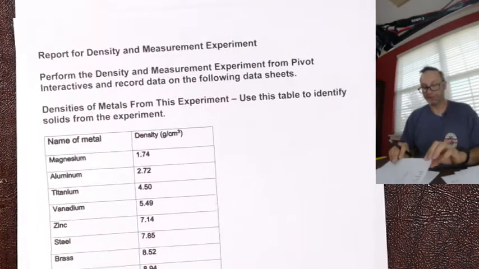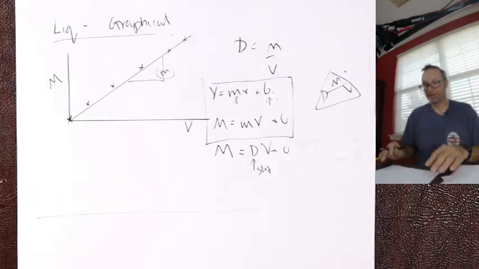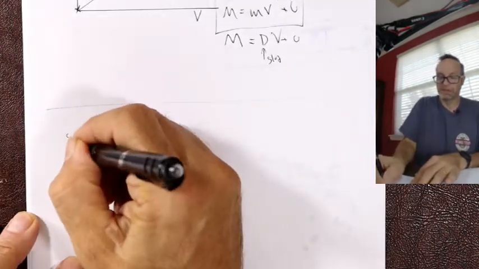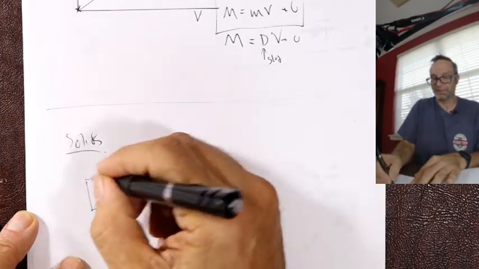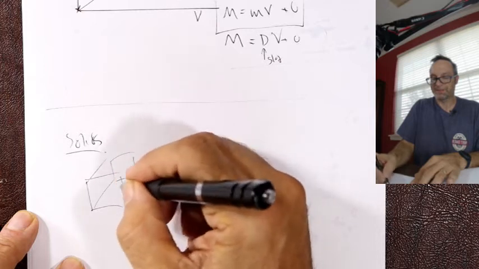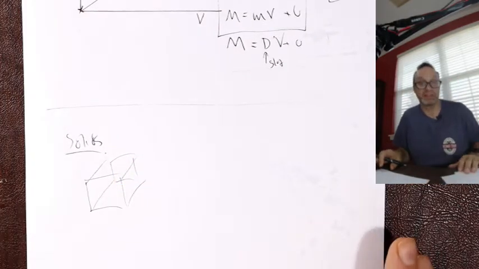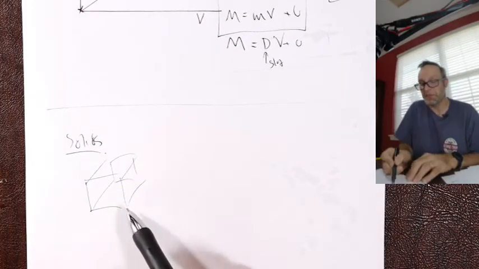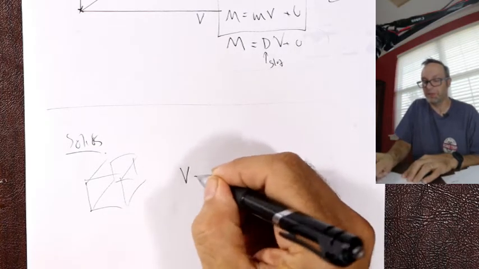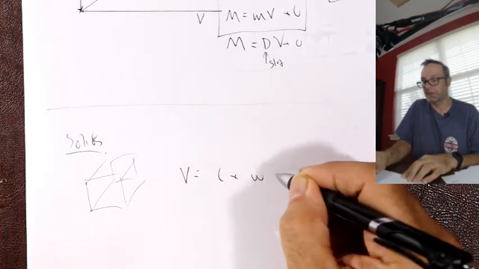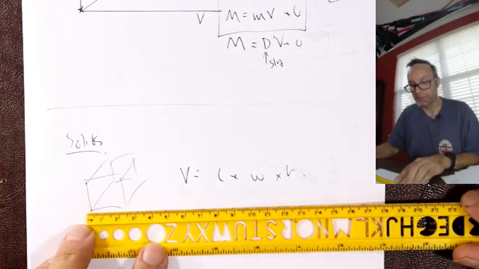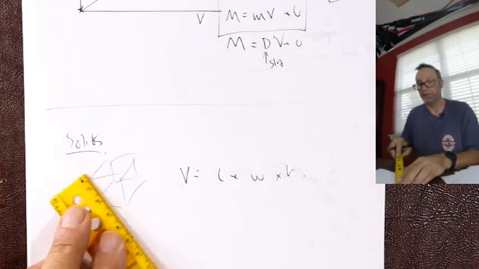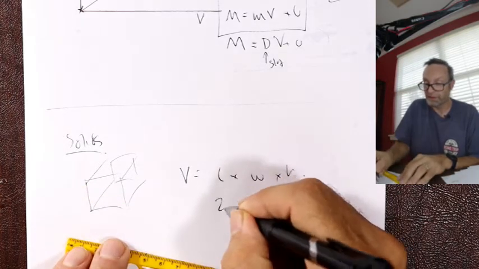Now, bottom line is, and I can kind of draw it here, solids. I could just refer you to the video at this point, but I'll remind you. If we have a regular object, the volume of a cube is length times width times height. So if I bust out a ruler and measure, it's 2.5 by 2.5 times 2.5.